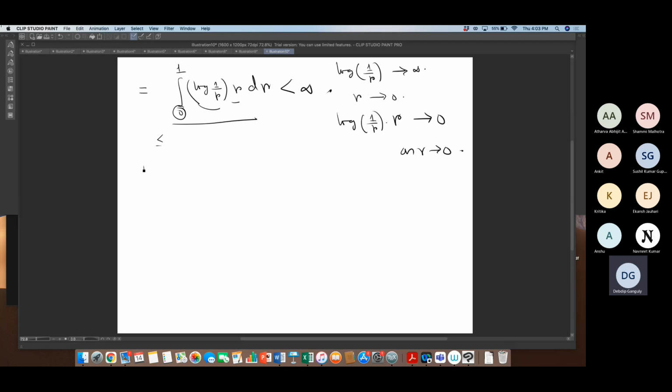Okay. Now for n equal to 3, sorry, n greater than or equal to 3. Now tell me what will happen. What can I write in polar coordinates?